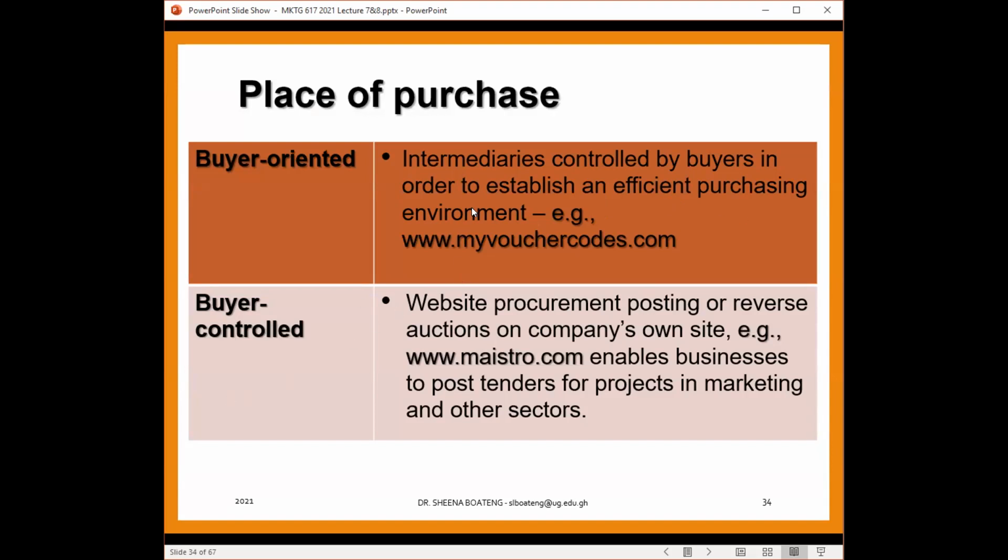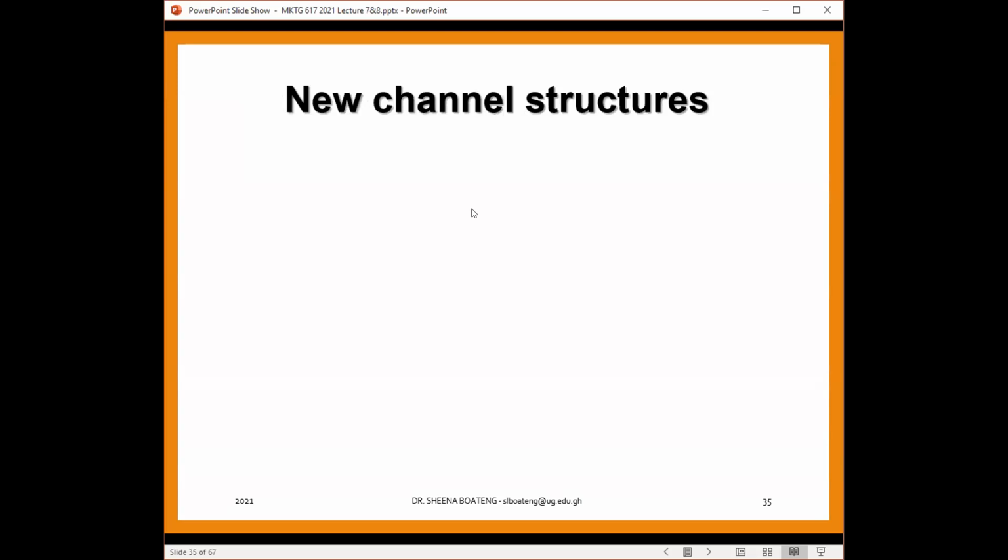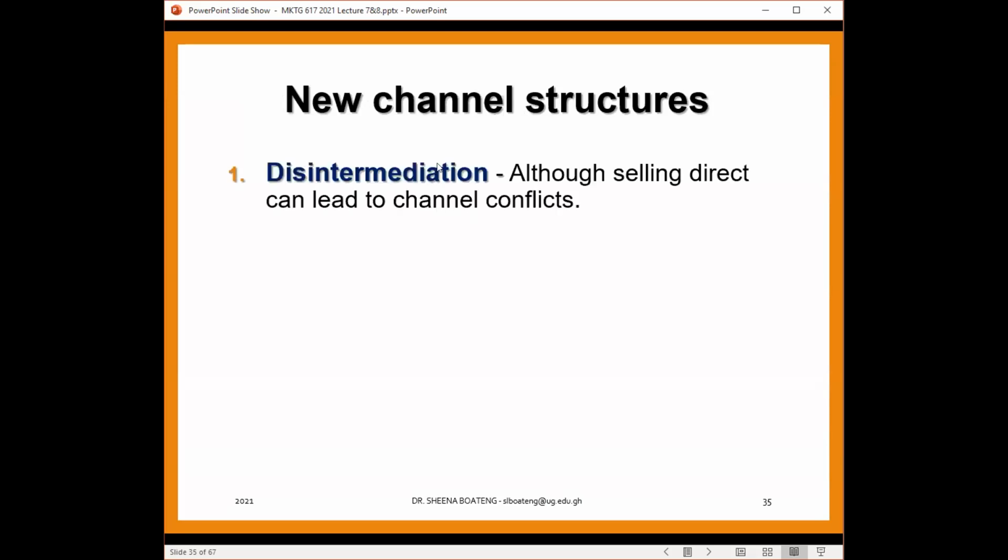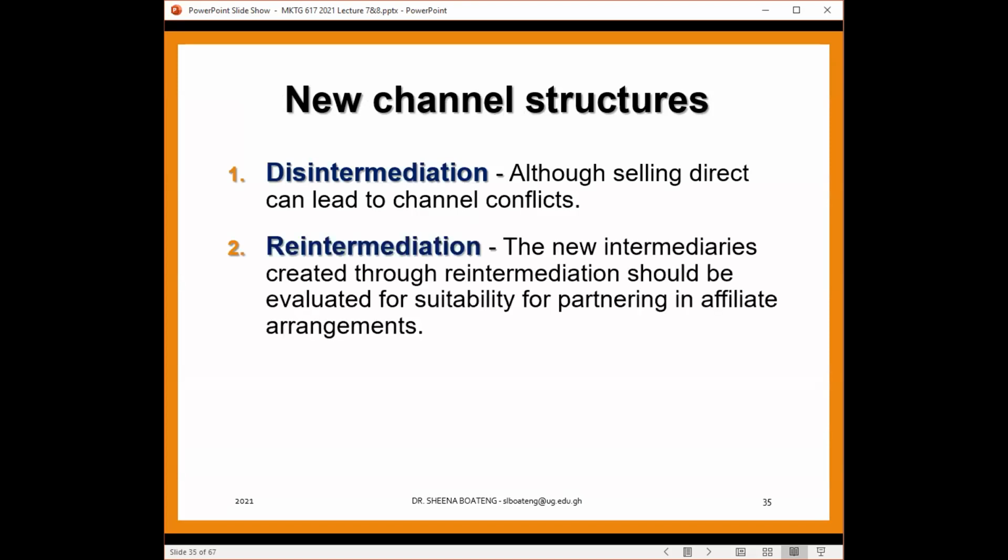Now, moving on from place of purchase, we can talk about the new channel structures, some of which we have discussed in our previous sessions, including disintermediation, where e-marketers can now build their own platforms online to sell directly to customers. However, this can lead to channel conflict, which we will talk about in the next slide.